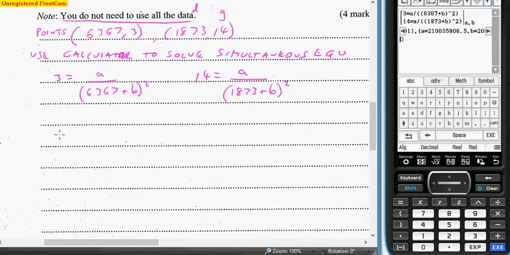Right, from this we get A equals 210.35806.5. B equals 2000.314, rounded off. And we're almost there.